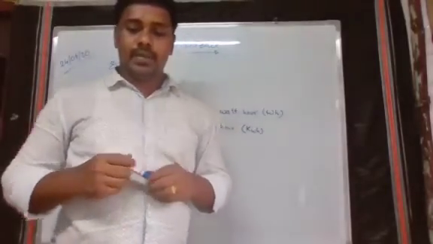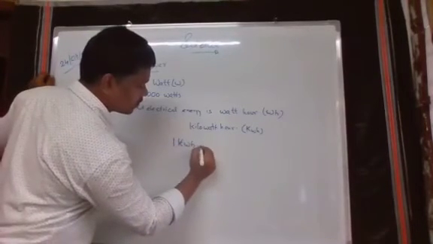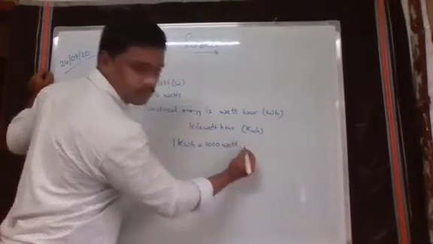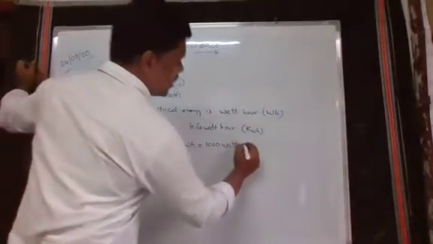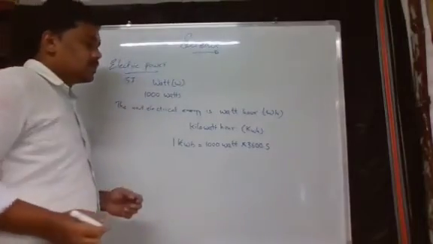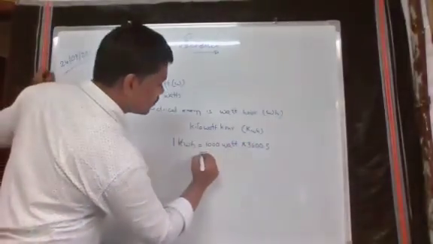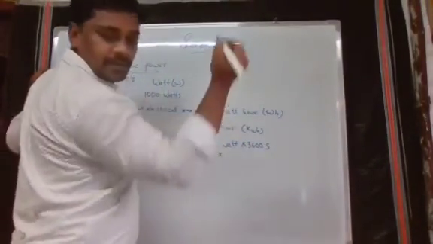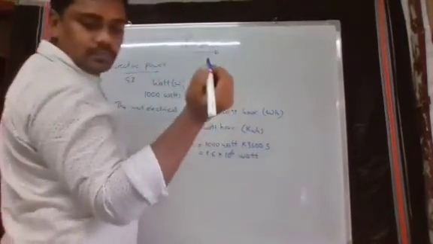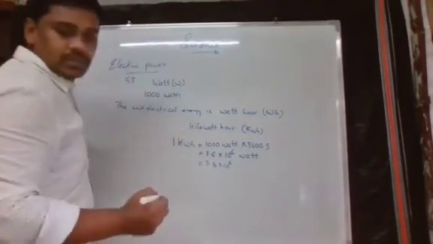Then 1 kilowatt hour is equal to 1000 watt into 3600 second, which is equal to 3.6 into 10 raised to 6 watt second, and also 3.6 into 10 raised to 6 joule.